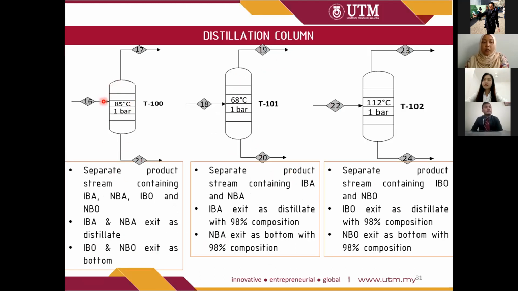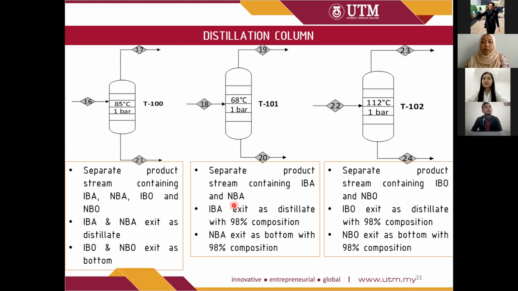For the first distillation column, we will separate the IBA-NBA from the IBO-NBO. The IBA and NBA will exit as distillate, and the IBO-NBO will exit as bottom. The IBA and NBA will flow to the second distillation column, which is T101.